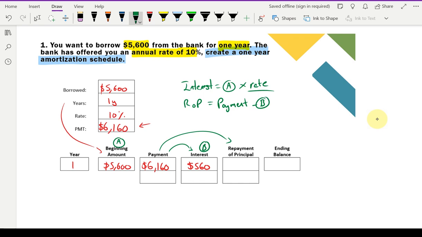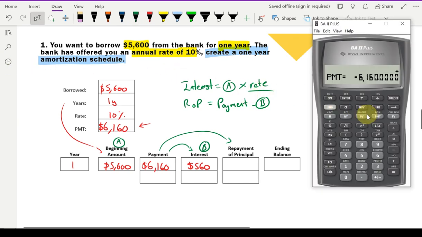So the 6,160, right? The repayment of principal. I know what the answer is, but just so that you are aware, 6,160. Let's change that to a positive. Let's subtract the interest, minus 560. That gives us our original amount that we borrowed, because we're repaying back the whole thing.